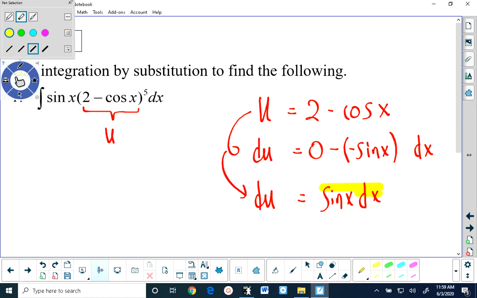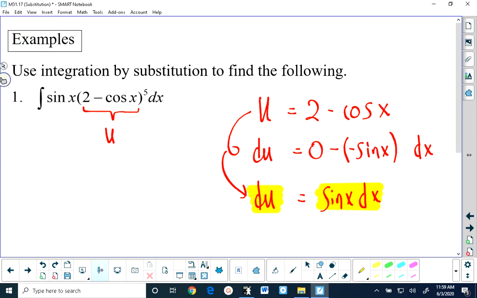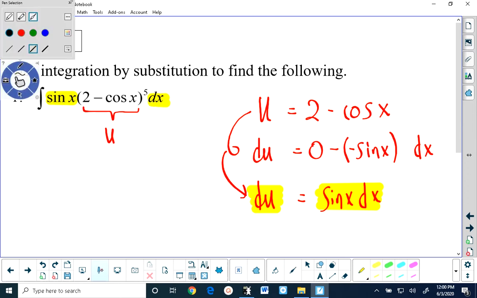Sine x multiplied by dx is the same as du. Well, over here, I have sine x multiplied by dx. That means that sine x multiplied by dx is du. And this is why it's called substitution.